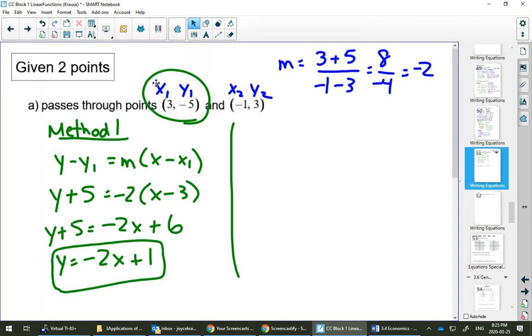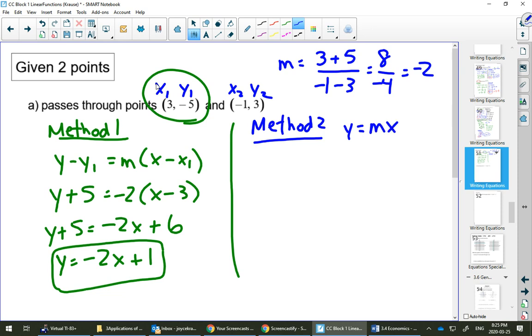Now, if we're using method 2, y equals mx plus b. Again, for this equation, I care about slope and I care about y-intercept. We have the slope, we have to find the y-intercept. So we pick any random coordinate that we want. I'm going to choose this one. As long as it's a point that's on the line, it should work.